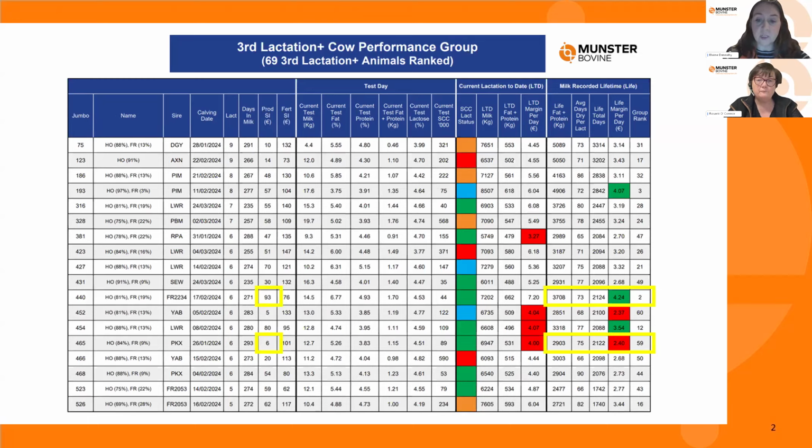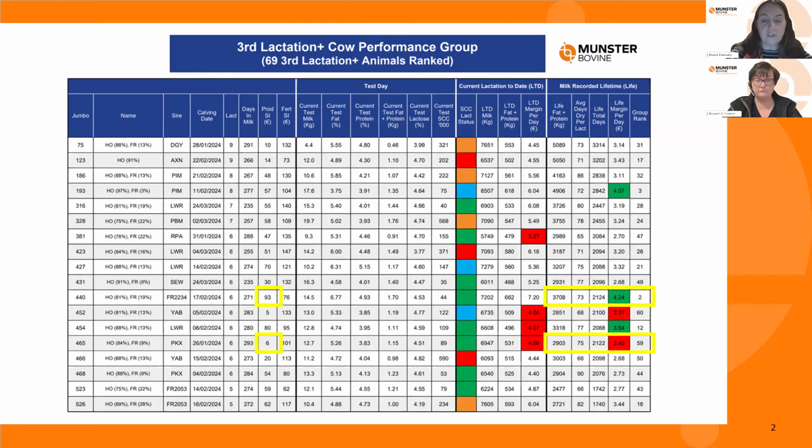The animal in the top 20% has an average dry days per lactation of 73, whereas the other animal, it's 75. So again, just a difference of 2 days. But your fat and protein kgs over the lifetime is where it gets really interesting. So the animal that's in the top 20% over her lifetime has produced 3,708 kgs of fat and protein, whereas the other cow, who has a very similar amount of days, just 2 days in the difference, has only produced 2,903 kgs of fat and protein for her lifetime.